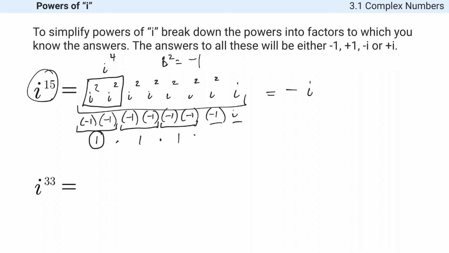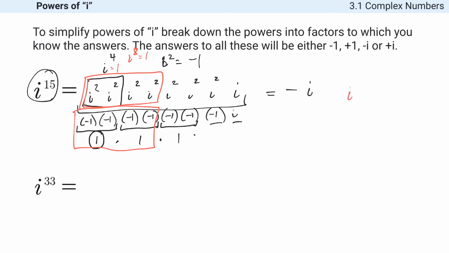How about we take a look at those right there? That would be how many I's? That'd be I to the 8th. So if I have I to the 8th, that's the same as 1 times 1. I to the 8th is also equal to a positive 1, and I to the 4th is equal to a positive 1.